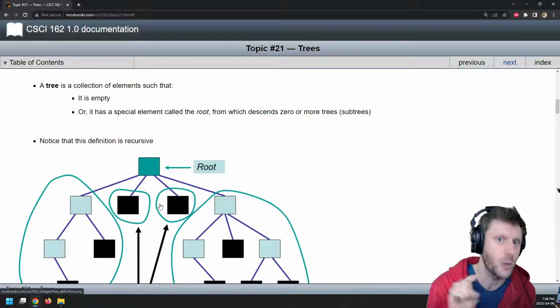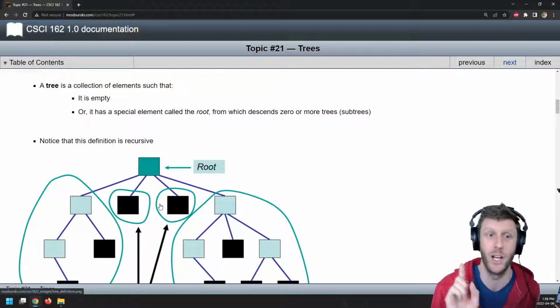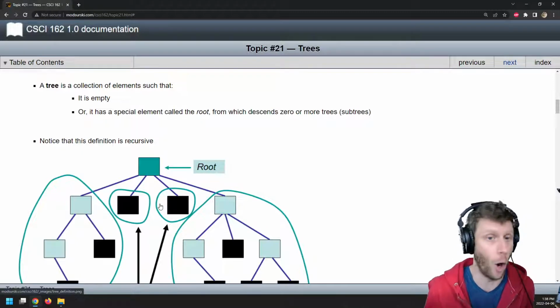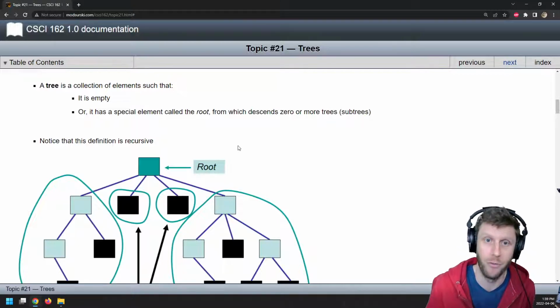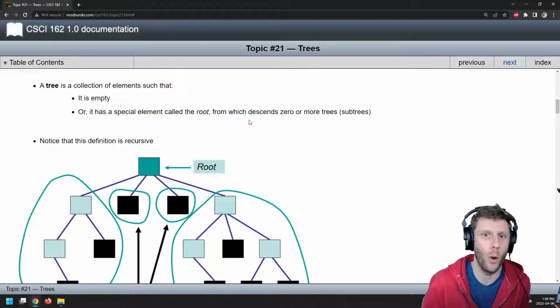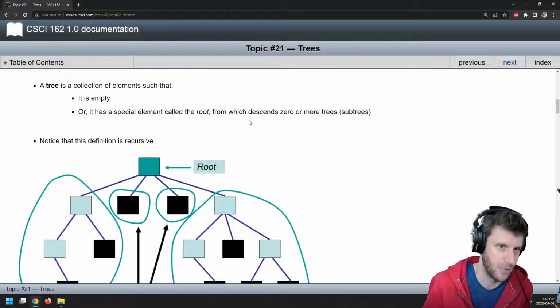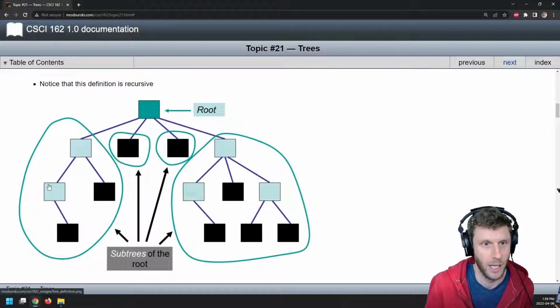We define a tree recursively, but don't let that scare you. A tree is either empty or has a special element called the root from which descend 0 or more trees, which are subtrees. So, for example, here is the root, and below it are subtrees.